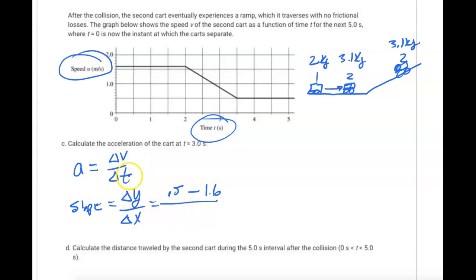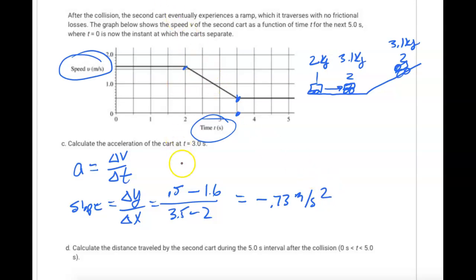This is 3.5 seconds, our biggest time right here, and then we subtract 2 seconds. And we end up with an answer of negative 0.73 meters per second squared.